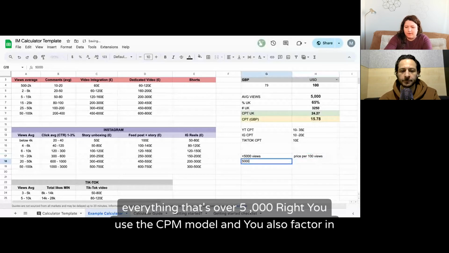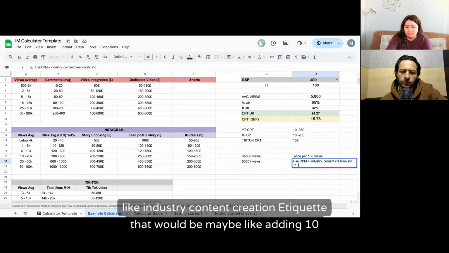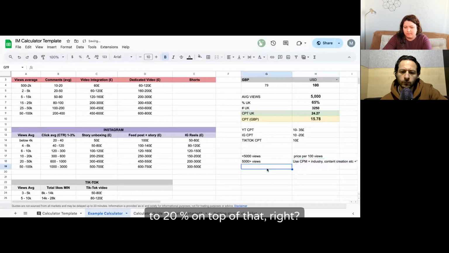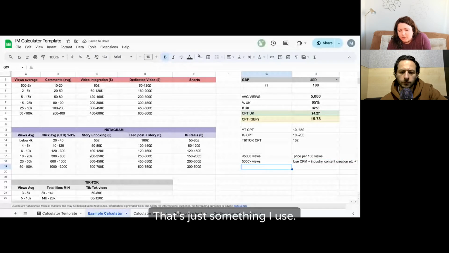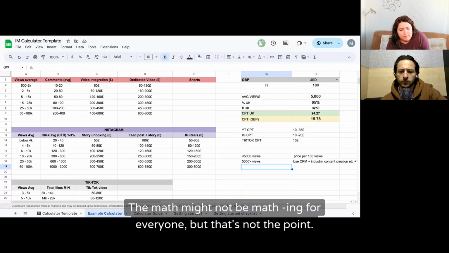And for everything that's over 5,000, you use the CPM model, and you also factor in industry, content creation, etc. That would be maybe adding 10 to 20% on top of that, right? That's just something I use. The math might not be mathing for everyone, but that's not the point.